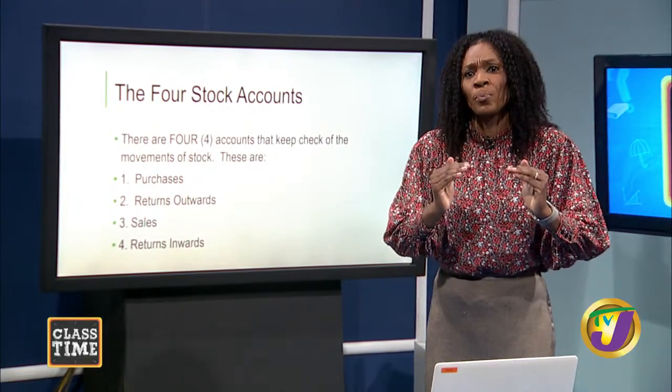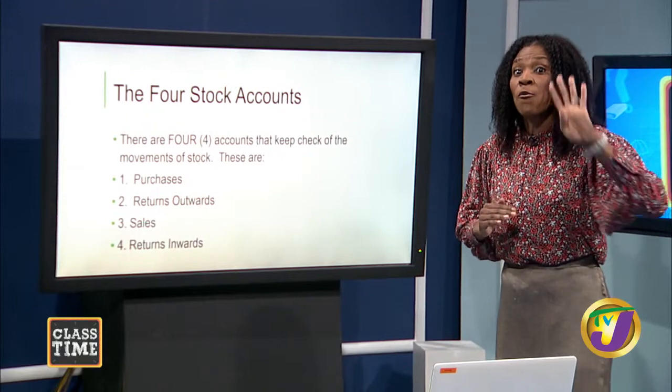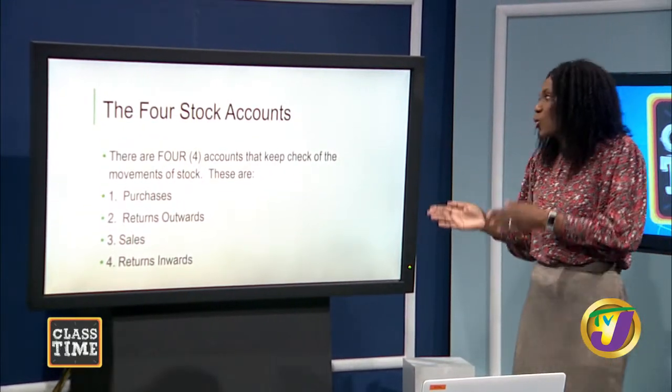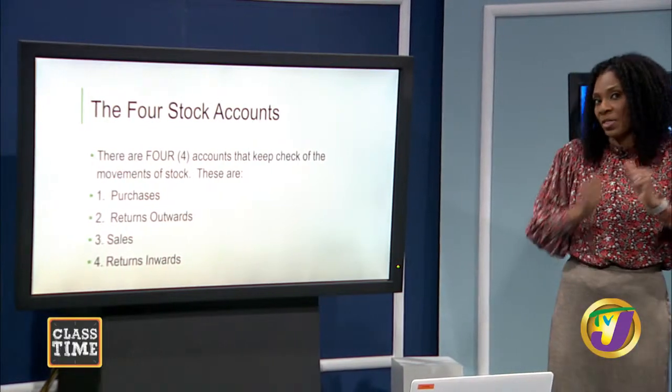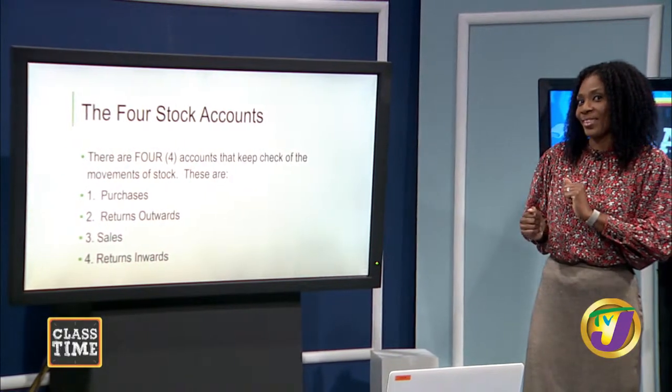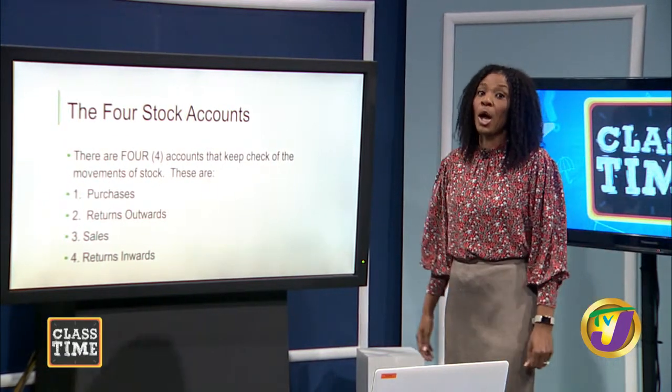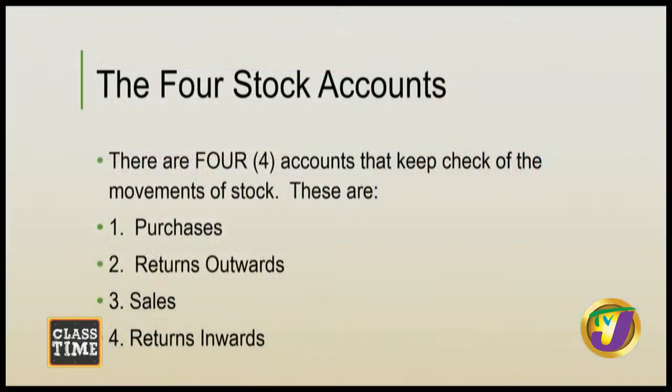So what we do, we actually set up 4 accounts in order to track the movement of the stock. What are these 4 accounts? Purchases, returns outwards, sales, returns inwards. Let's go again. Purchases, returns outwards, sales, returns inwards.